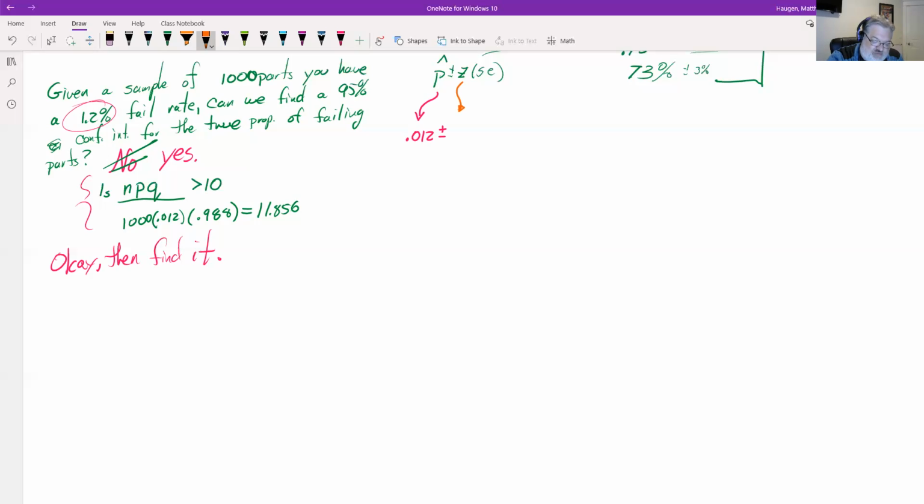But 95% is our 1.96, or almost 2. The only thing we actually have to do on any kind of scale is find that standard error, right? That's usually the big job.